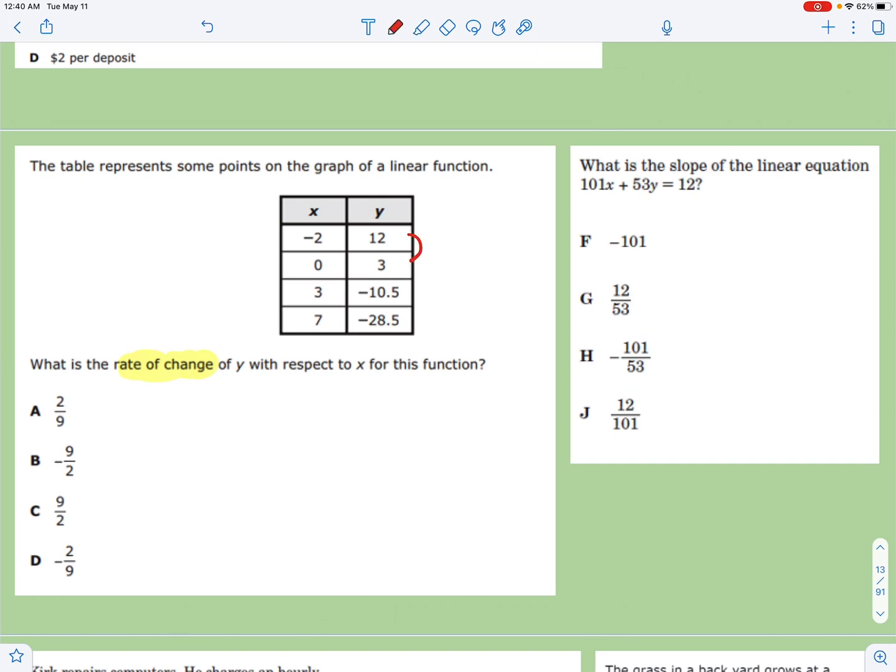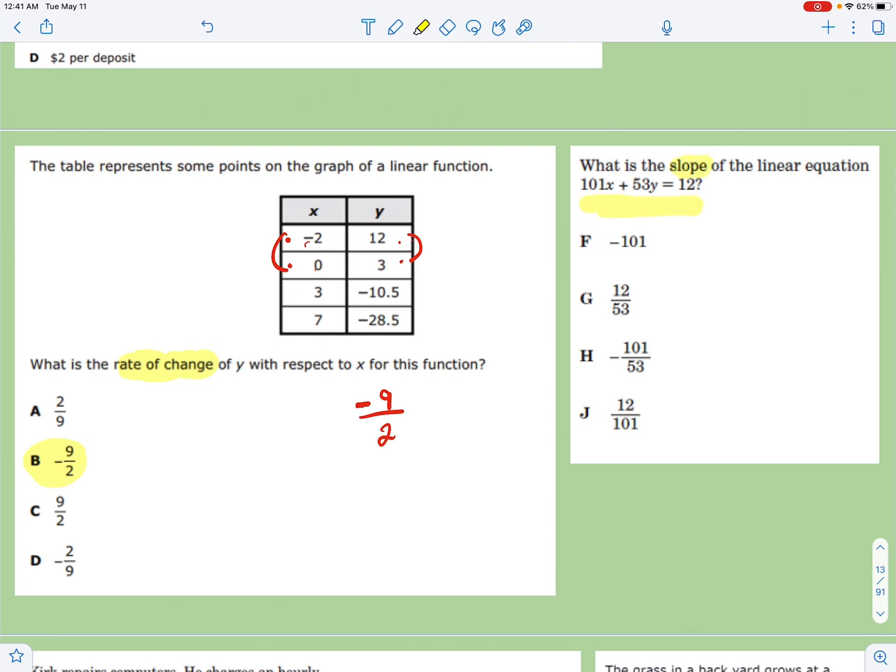Identify 2 points. Here's our y1, y2, x1, x2. When we go from 12 to 3, we're dropping down, so that's negative. So that should be negative 9 divided by negative 2 to 0, which is positive 2, giving us an answer of B.